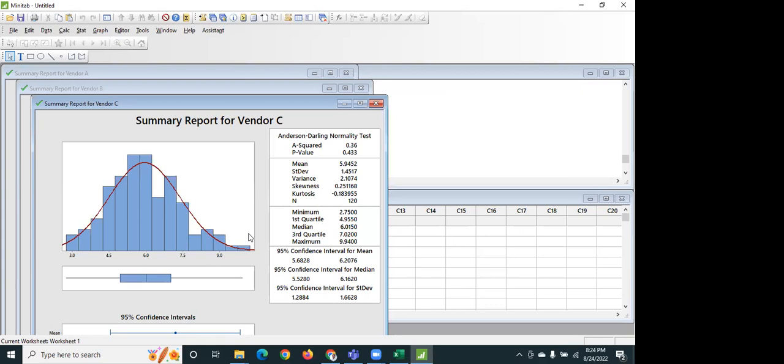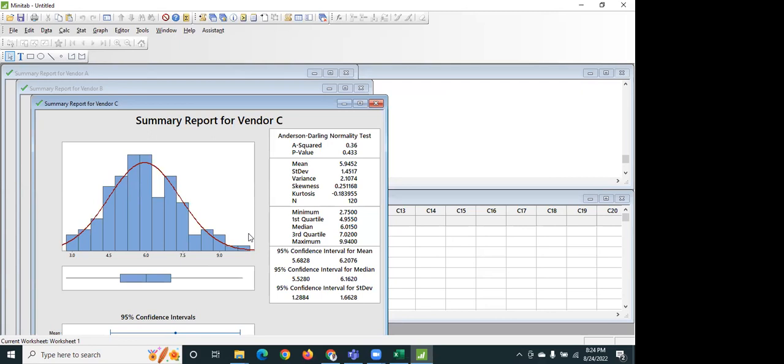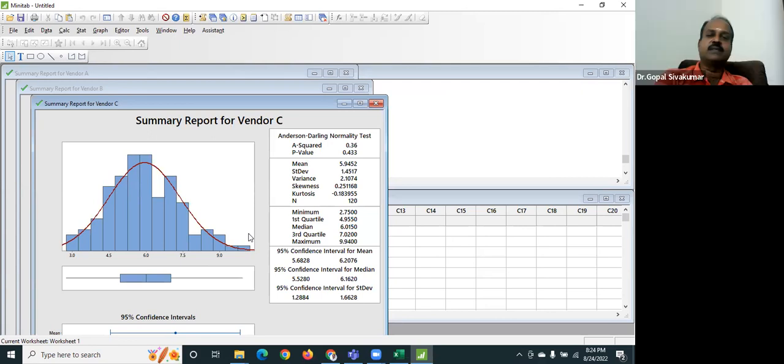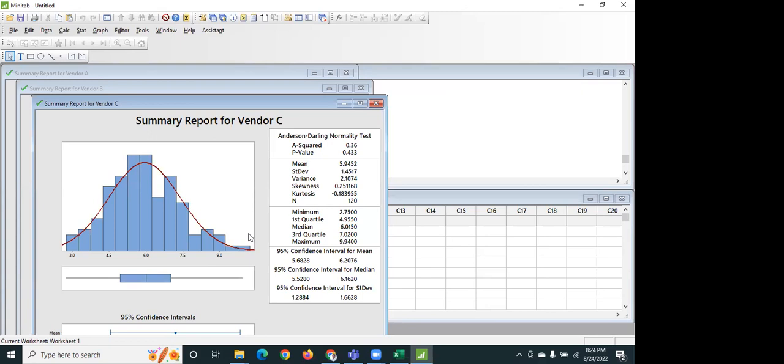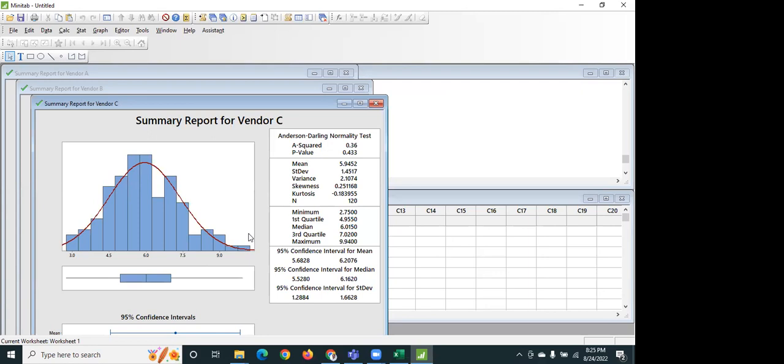Ganesh, you are also saying no. Srikanth, what is your view? Is it normally distributed or not? Not normal. Nageshwar? Not normal, it's abnormal.